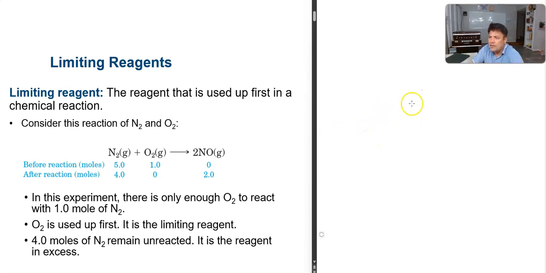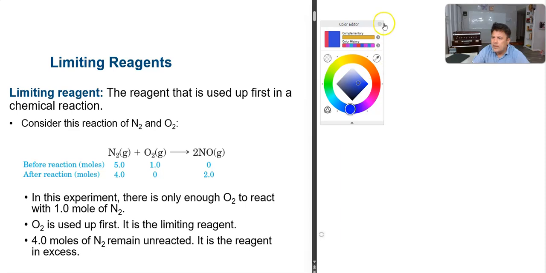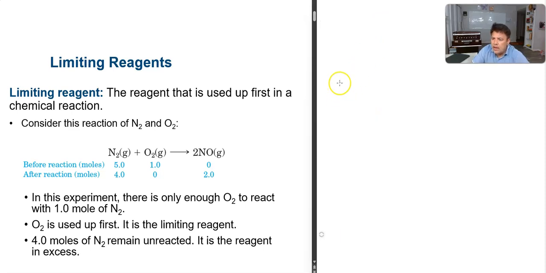Let me erase everything and go again. So let's see that here. N2 plus O2 gives you 2 NO gas. Now this is your balanced equation, right? 2 oxygen, 2 oxygen.